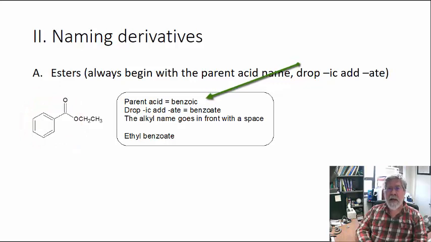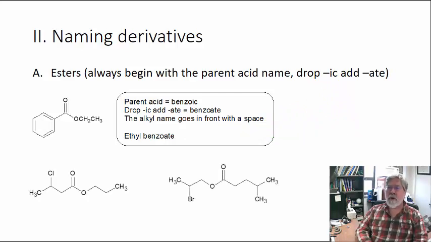Dropping IC and adding ATE leads to benzoate. Then add the alkyl name and put it in front with a space. In this case, the alkyl group attached to benzoic acid is an ethyl, and so the final name is ethyl benzoate.